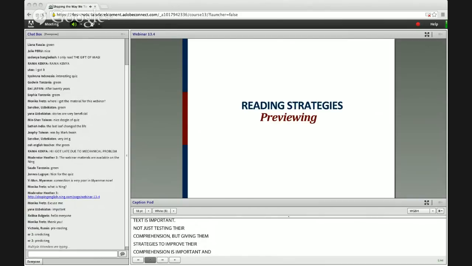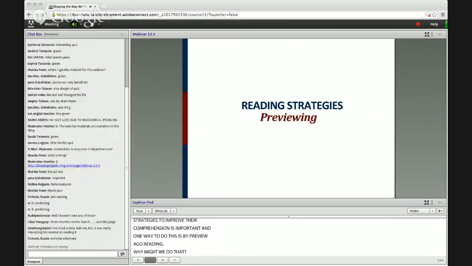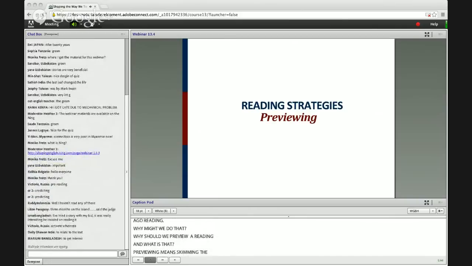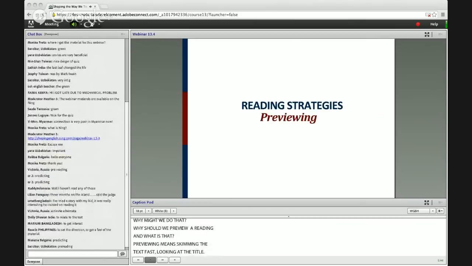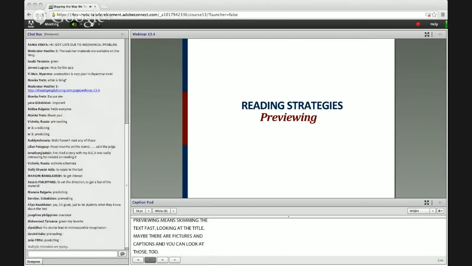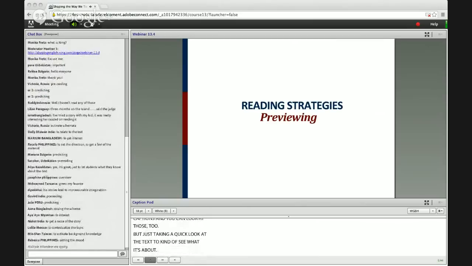And what is previewing? Previewing means just skimming over the text really fast, looking at the title. Maybe there are some pictures and some captions, and you can look at those too. But just taking a quick look at the text to see what it's about. So why is this? Yeah, it lets the students know what they want to know about the text. That's great, Aaliyah.